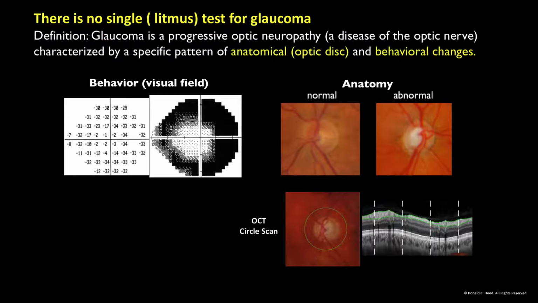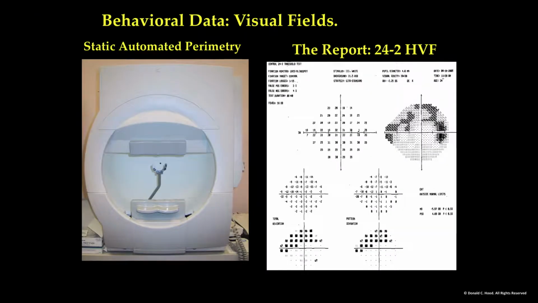For behavioral changes, the standard technique has been the visual field, so-called static automated perimetry, at least for the last 30 years or so. All right, so here's a very popular machine for static automated perimetry. I want to review this report, which is called the 24-2 report.